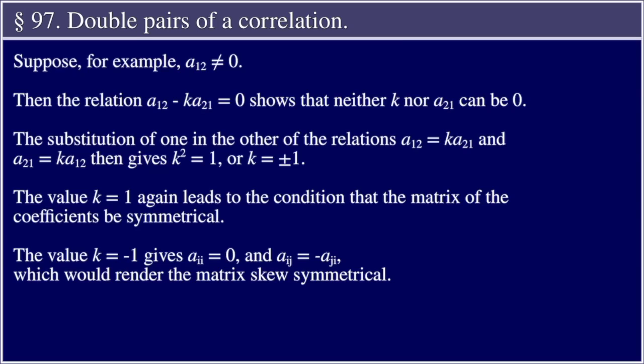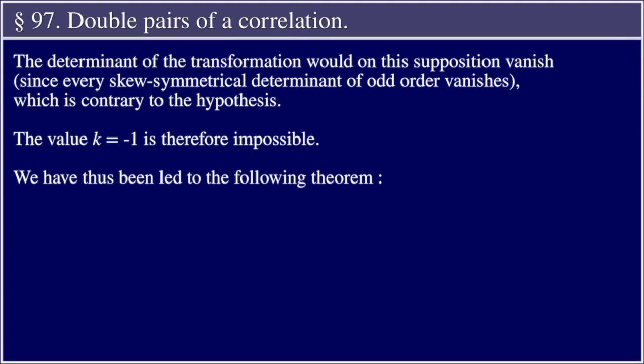The value k = 1 again leads to the condition that the matrix of the coefficients be symmetrical. The value k = −1 gives aii = 0 and aij = −aji, which would render the matrix skew symmetrical. The determinant of the transformation would on this supposition vanish, since every skew symmetrical determinant of odd order vanishes, which is contrary to the hypothesis. The value k = −1 is therefore impossible.